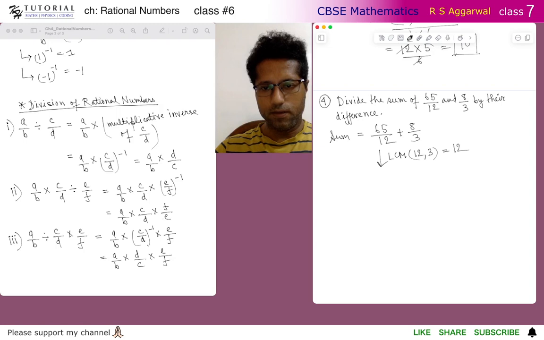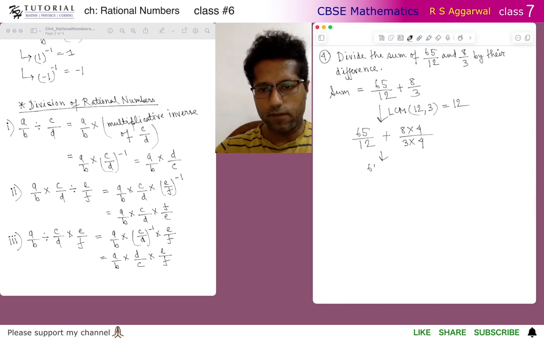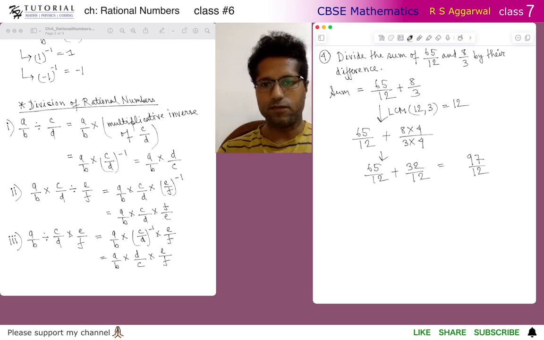So it will be 65 by 12 remains same, plus 8 into 4 by 3 into 4. So this is 65 by 12 plus 32 by 12. This is 97 by 12. So the sum is 97 by 12, and let's find out the difference.